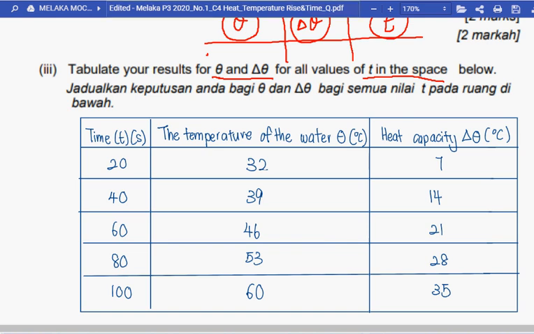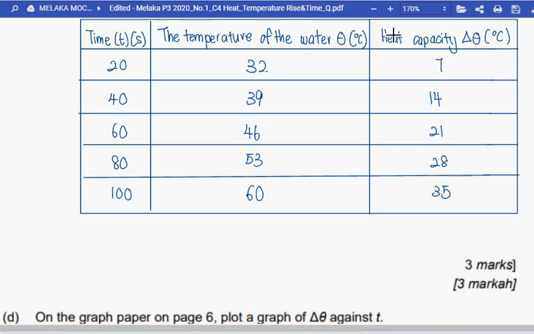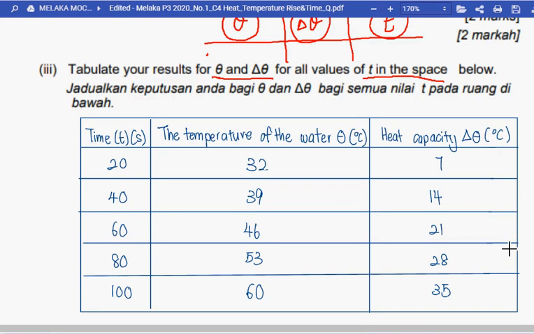Okay. Now, the marks for this is 3 marks. So the 3 marks will come from here. So the first column, all the columns must have the name of the physical quantity, or at least the symbol like T, theta and delta theta.